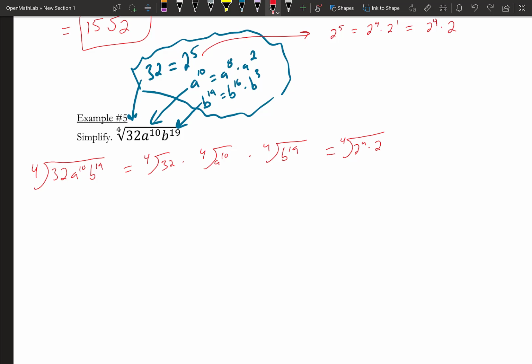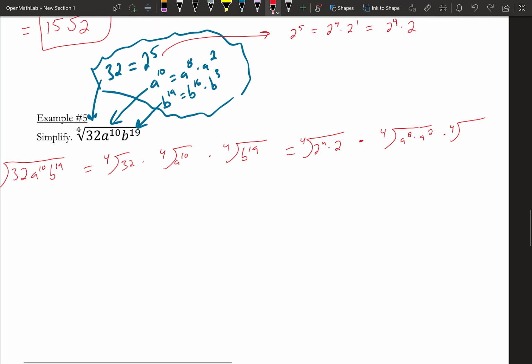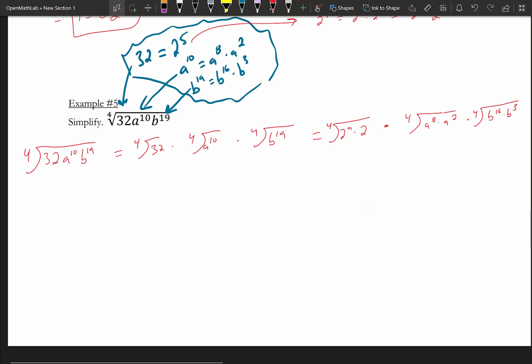So then this would be equal to the 4th root of, and then a to the 10th, I could rewrite that as a to the 8th times a squared. And then I would have times the 4th root of, so I'm going to rewrite b to the 19th, so that would be b to the 16th times b cubed. Right, so just applying my thought process there.